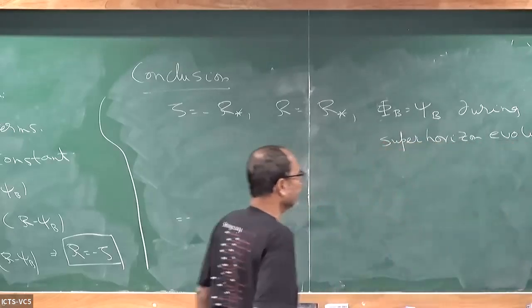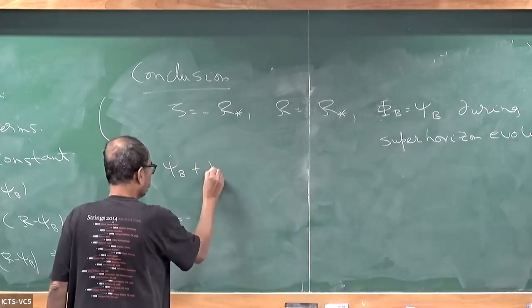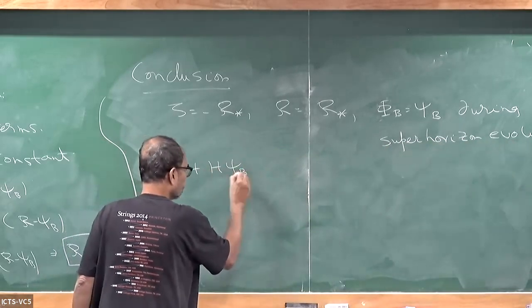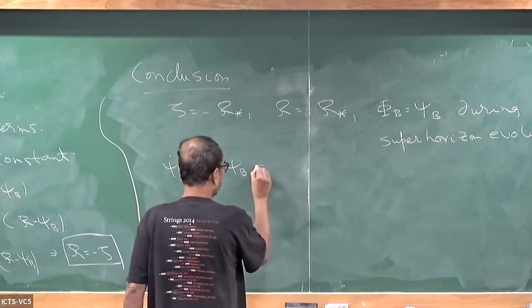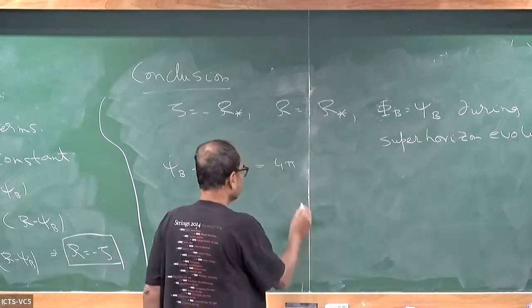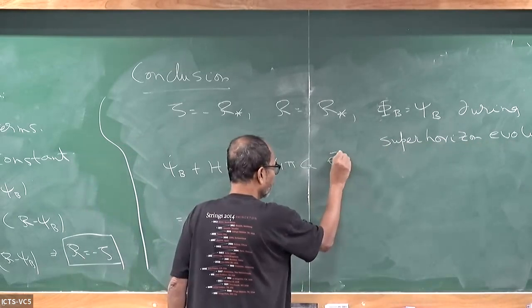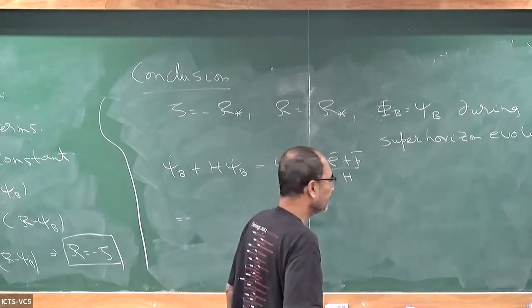So we get psi b dot plus h psi b equal to 4 pi g rho bar plus p bar by h r minus psi b.